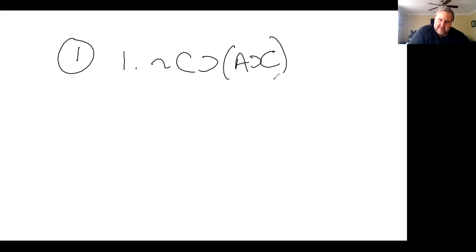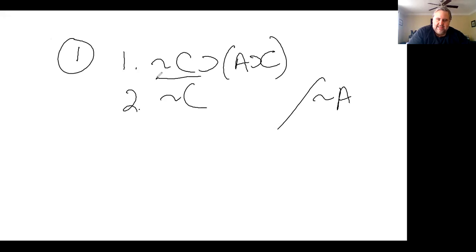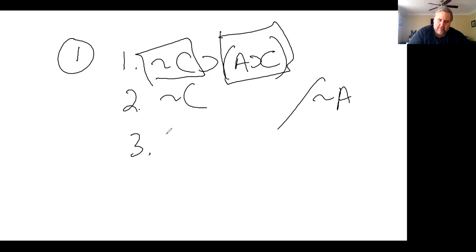Now, I want to do just 1 or 2 of these in section 3. The reason is one thing to keep in mind. If you have something like number 1 here, tilde C horseshoe A horseshoe C, and then number 2 is tilde C, and our conclusion is tilde A. The thing to keep in mind is the antecedent is the entire thing before, and the consequent is the entire thing after. So if you do this, the next one would be a modus ponens to get A horseshoe C via 1-2 modus ponens.